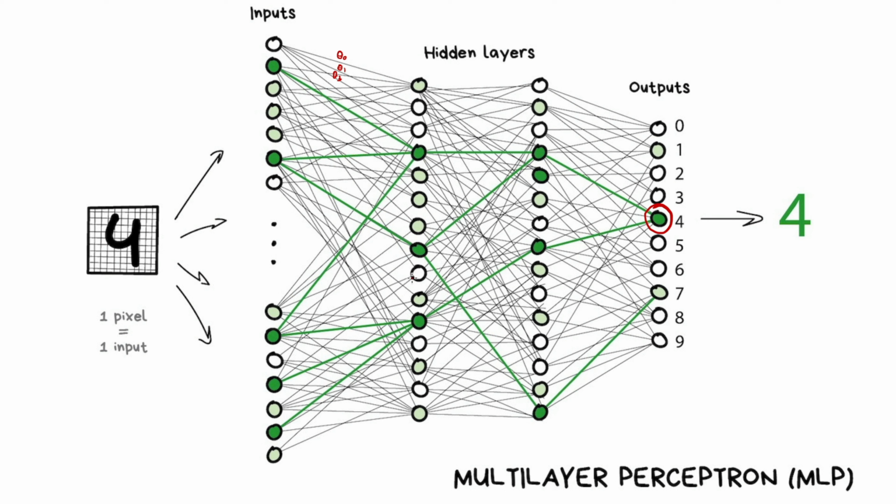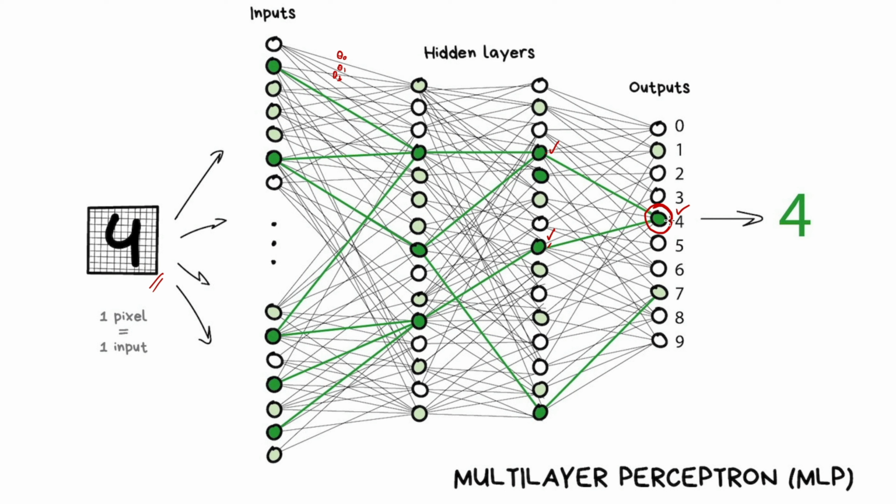Now we want to make sure that to get the output 4 for this particular image, this is the neuron that needs to be activated. And for this neuron to be activated, we want these 2 neurons to be activated. In the sense, the weightage given to these 2 neurons should be higher when compared to the weightage given to the inputs from the other neurons.